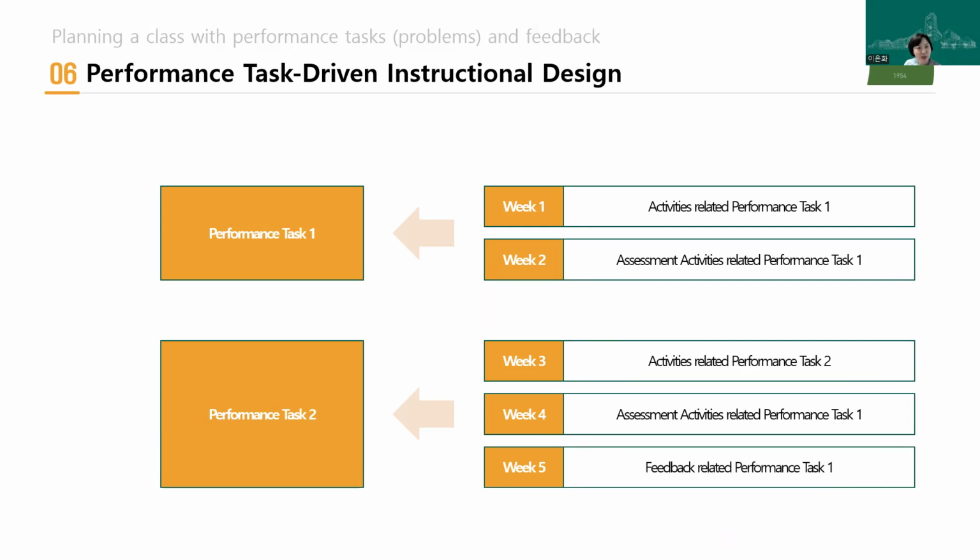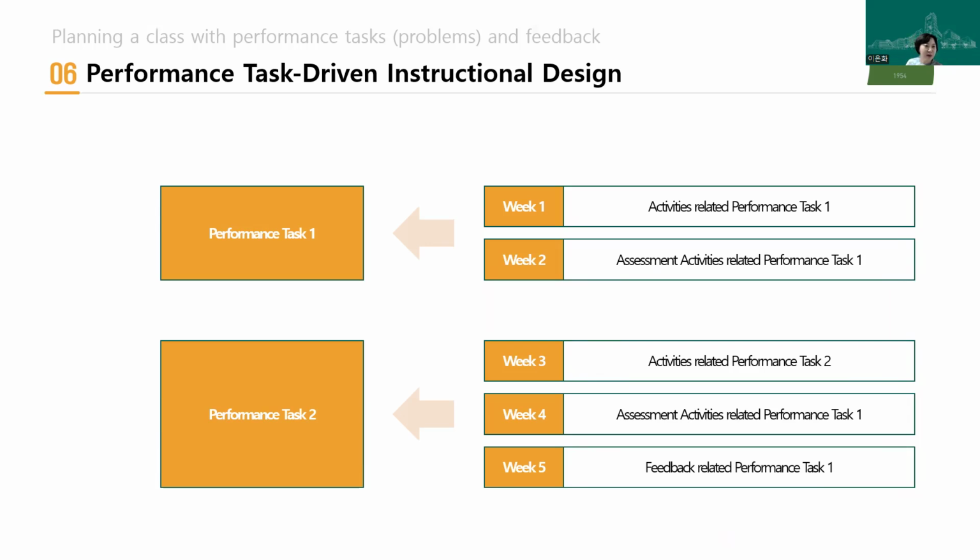Building toward performance task 1, first week 1, activities related to performance task 1. Introduce concepts and skills needed. Provide initial instruction and examples. And second week, assessment activity related to performance task 1. Students practice components of the task. Performance assessments check understanding early, feedback identifies learning gaps.